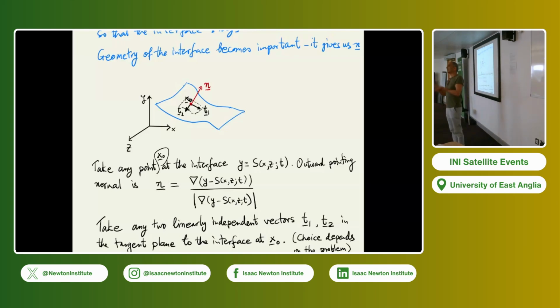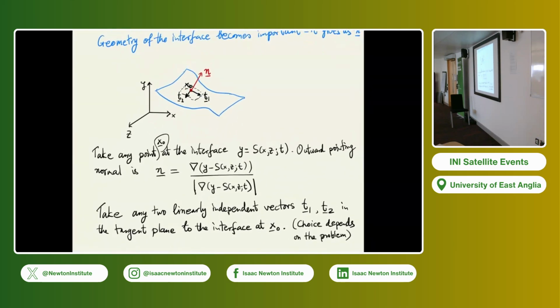So all I need to do is resolve this force into three principal components before I do the balance of forces. The way I'm going to do it is to resolve forces in the normal direction. That's very natural. And then also take two independent vectors in a tangent plane locally, which I wrote here as T1 and T2. Depending on the problem, you can choose how you define T1 and T2.